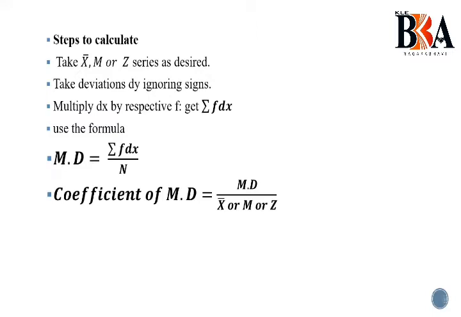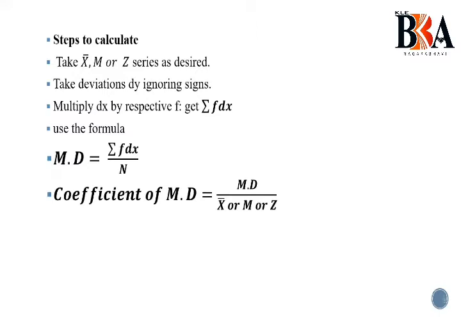Then multiply dx by the respective f, so that sigma f dx is obtained. Use the formula, which is the mean deviation formula for discrete series: mean deviation equals sigma f dx divided by n.